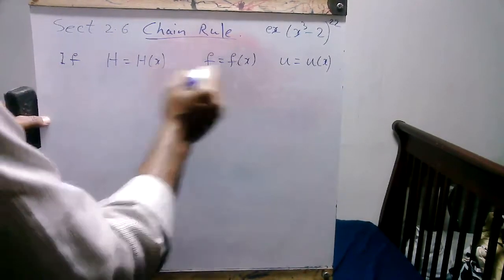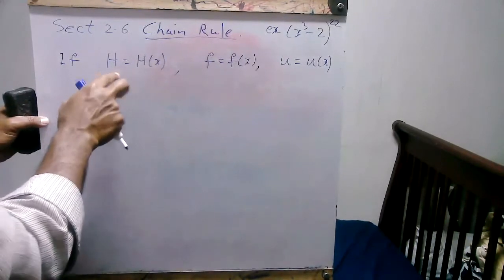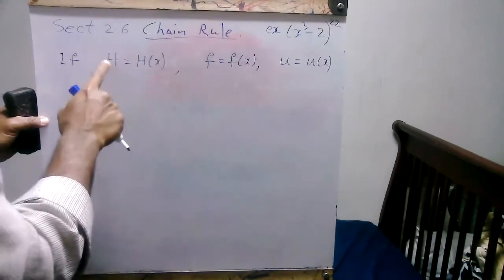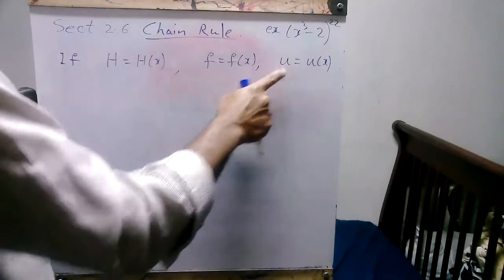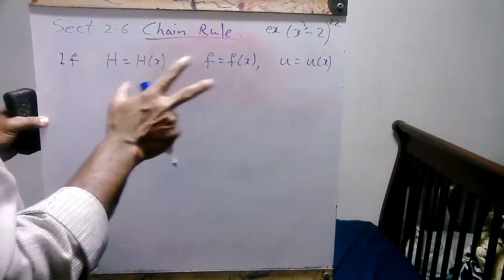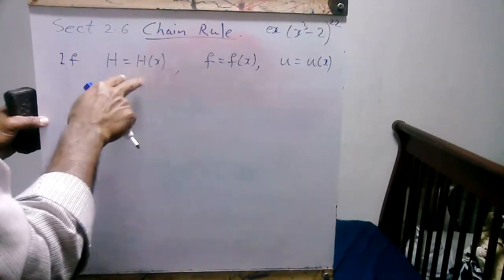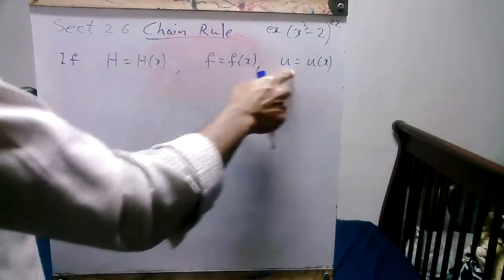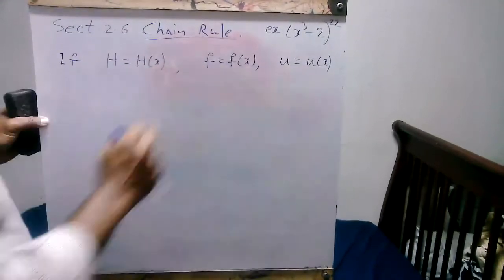But this means these three functions h, f, u, I just took three random functions. All three functions are functions of x.